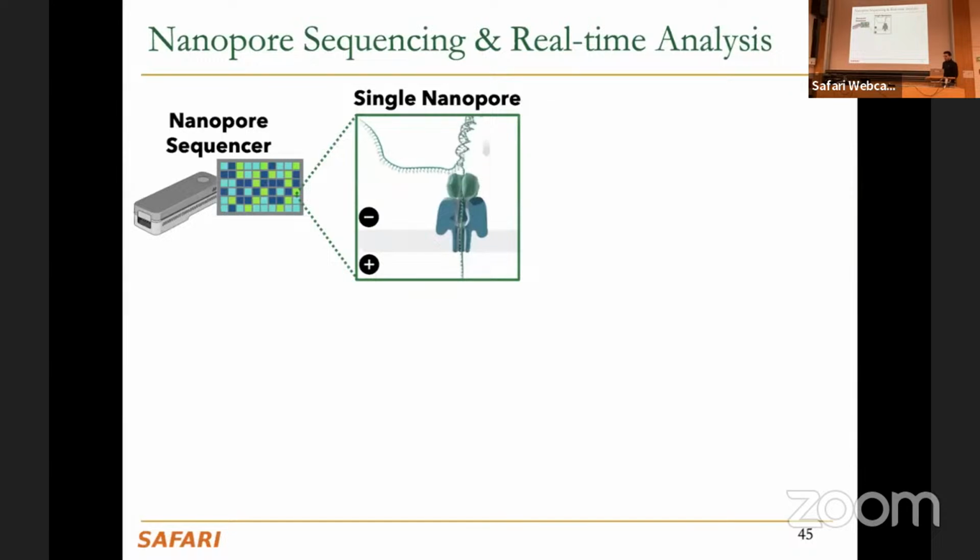A motor protein, which was essential to slow down the speed of the DNA, initially attaches to the DNA and then guides it towards the nanopore. Once this attachment happens, the DNA first undergoes a double strand break, and then a single strand moves from one region to the other.